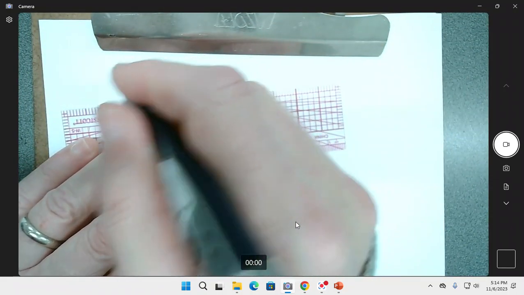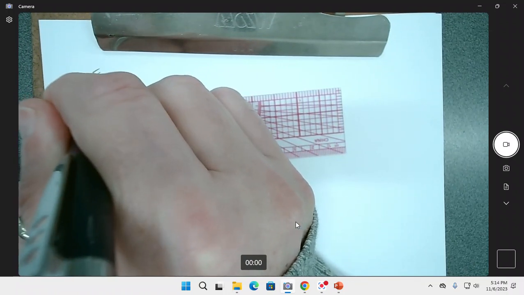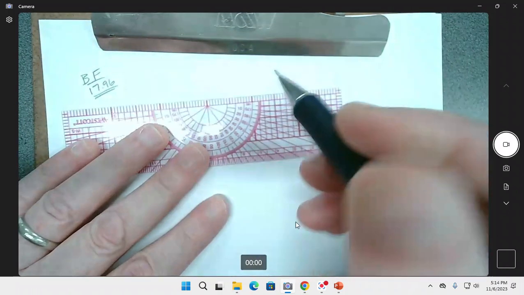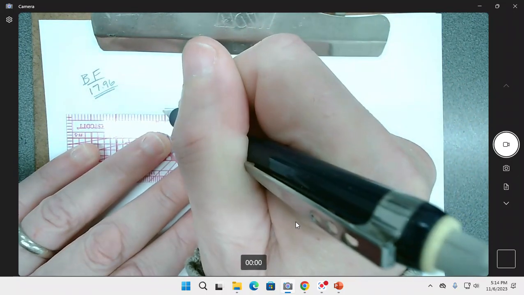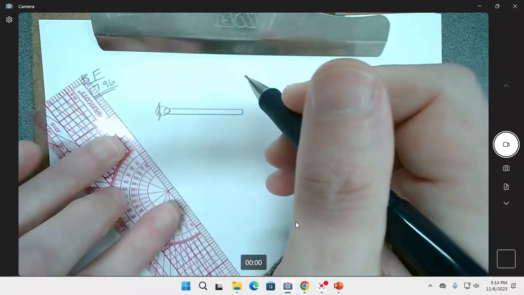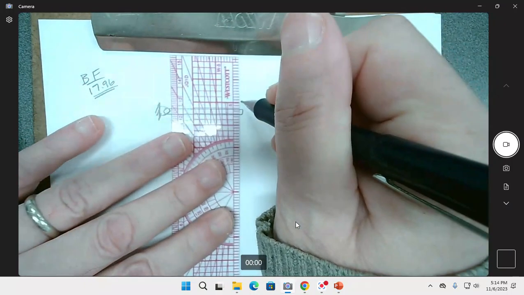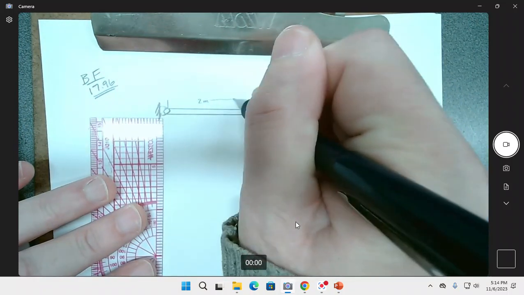This is Bedford and Fowler problem 17.96. And it looks a little bit like this. Let's put in the distances right here. This is 2 meters.